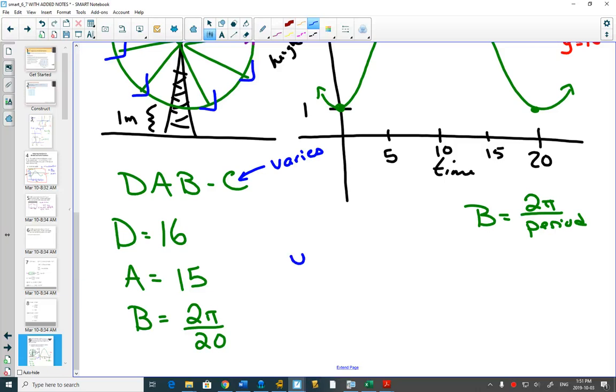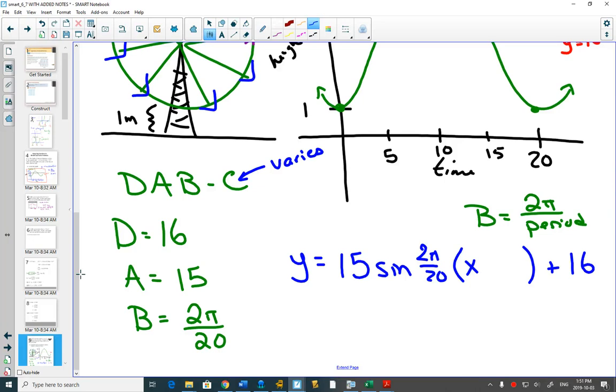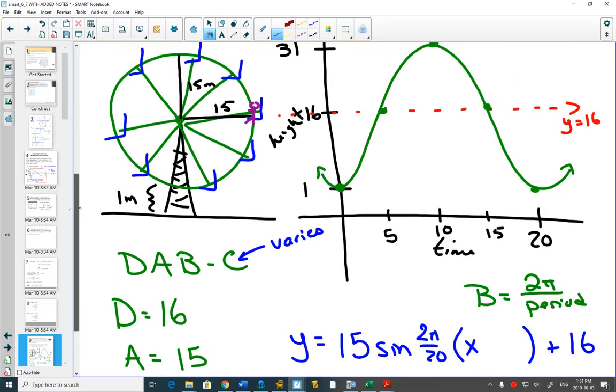You start by deciding I want to write a sine equation. My amplitude is 15, sine, my B value is 2 pi over 20, and my D value is 16. We'll start with purple. Where does a sine graph start?